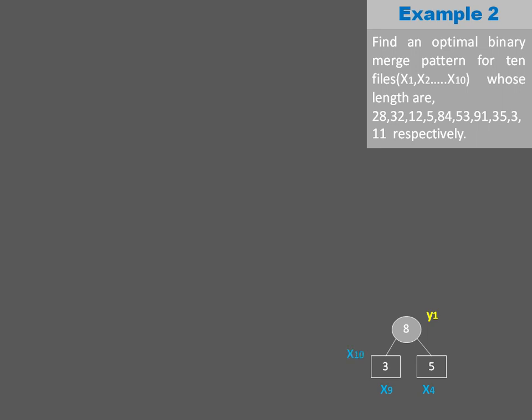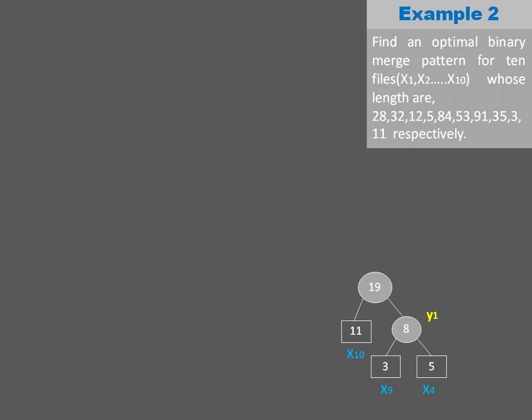Now this y1 is merged with x10. x10 contains 11 records. So when we merge x10 and y1, that is 11 records merged with 8 records, the total will be 19 records.